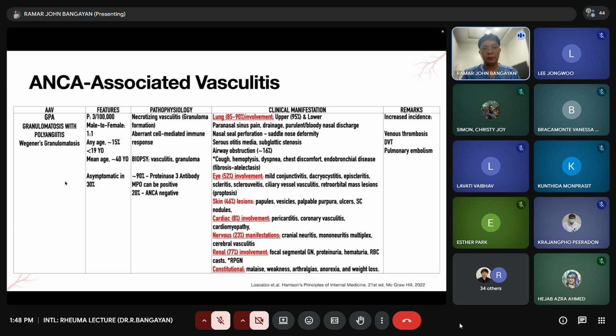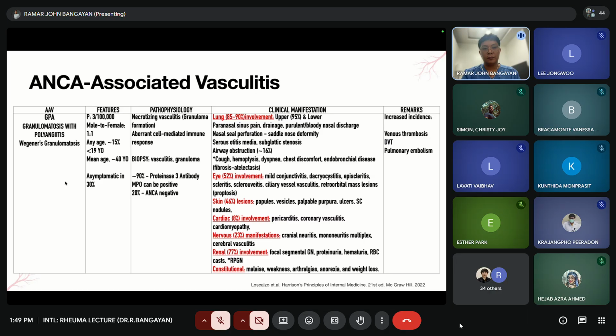Before, when we were students, it was very important to mention the autoantibody. Once you know that there is CANCA positivity, that's your PR3 antibody, you are dealing with GPA. But in recent studies, your ANCA findings are now insignificant. Why? Because PR3 can be positive in 90%, but MPO can also be found in granulomatosis, and 20% of the time it is negative.